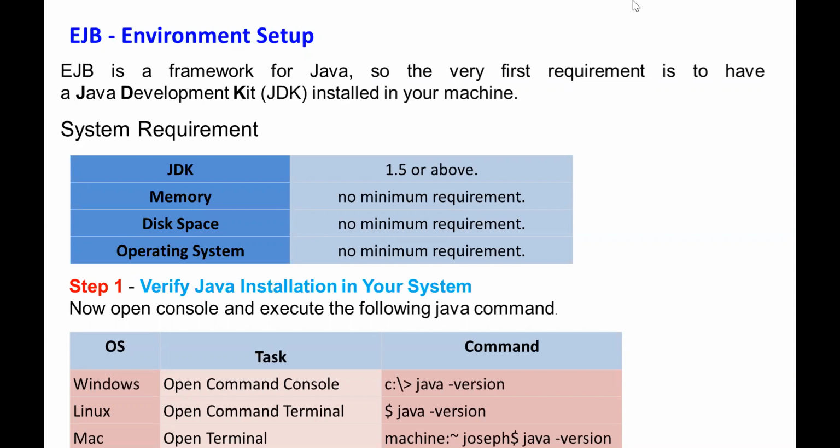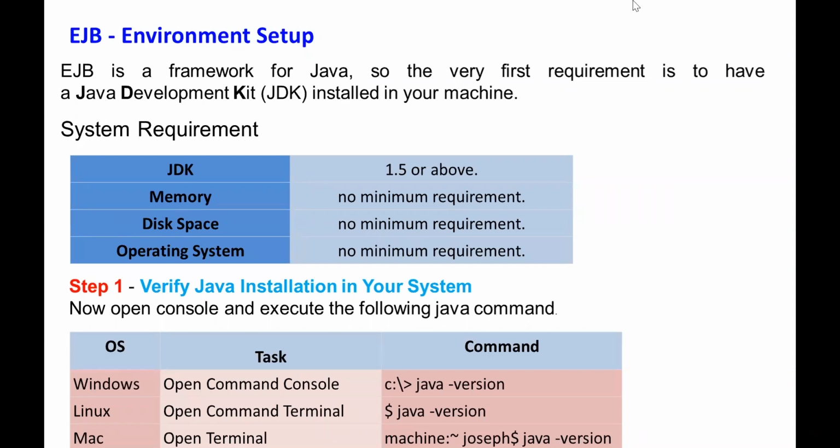The first step is to verify the Java installation in your system. First, we need to know whether our system has Java installed. So we open the console and execute the following Java command.